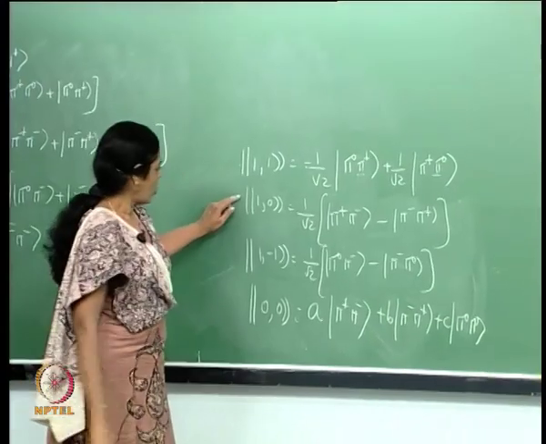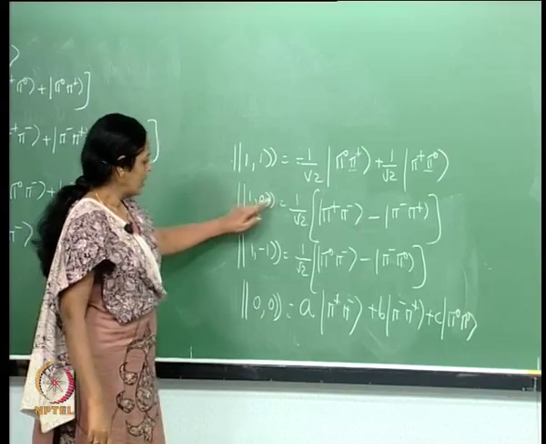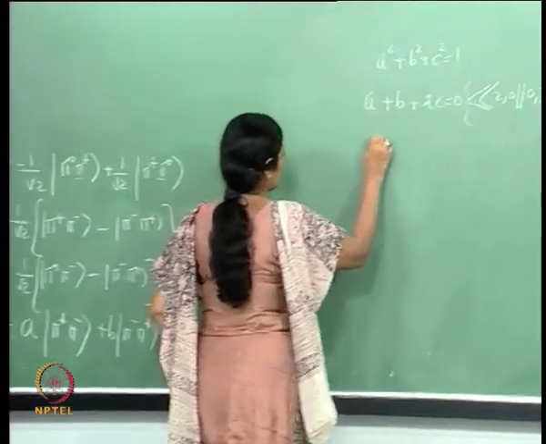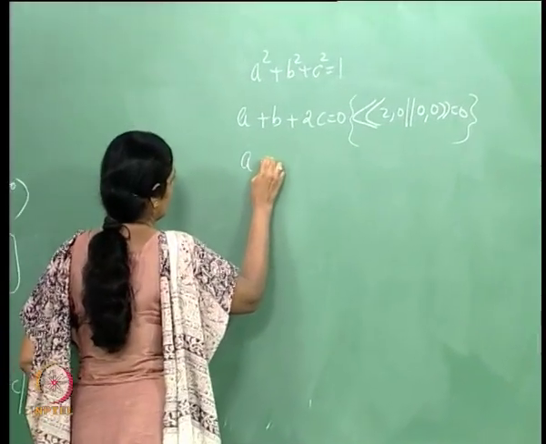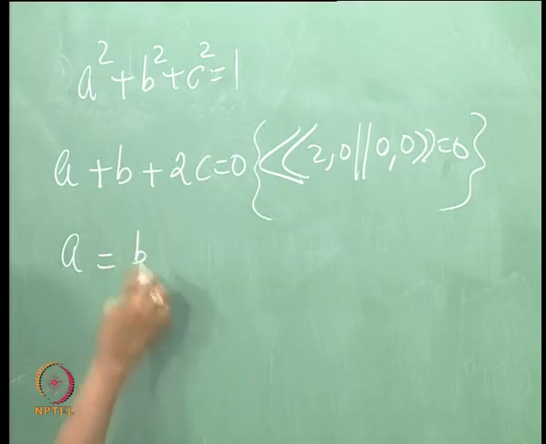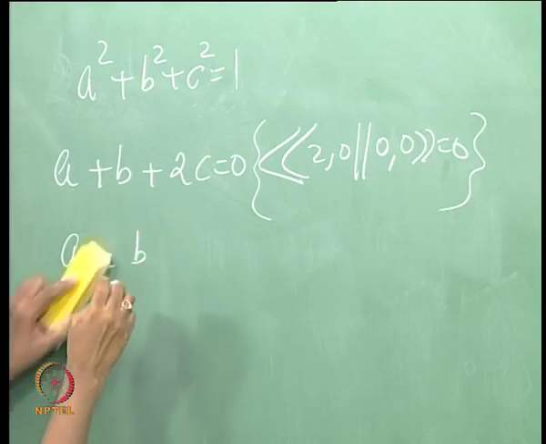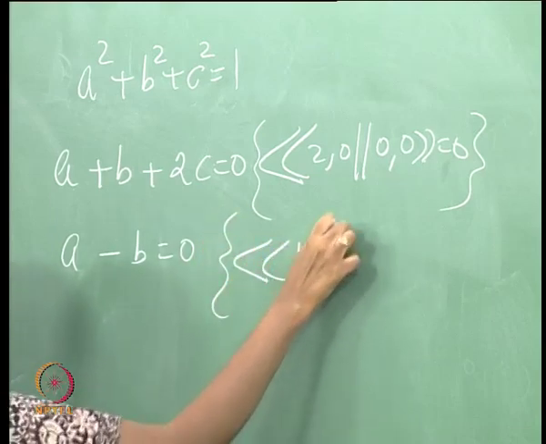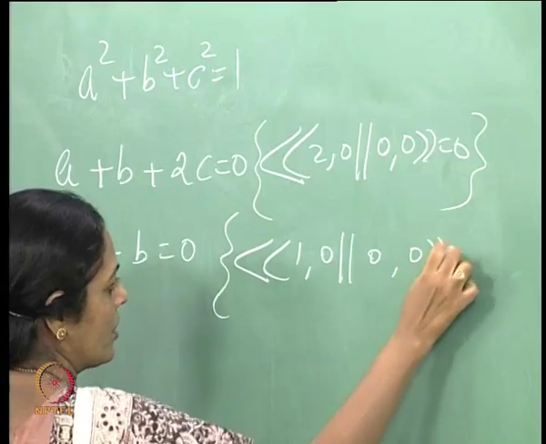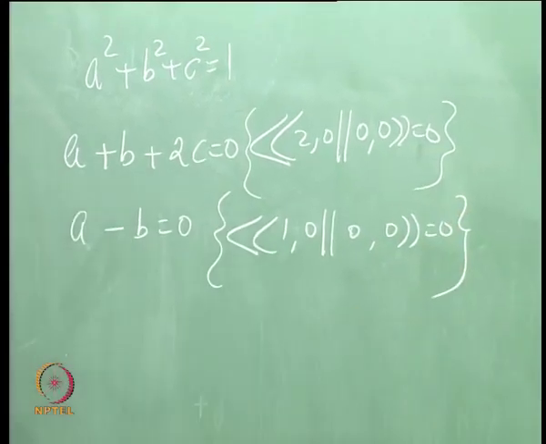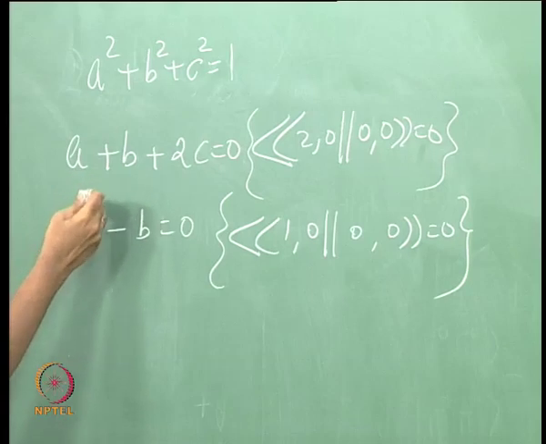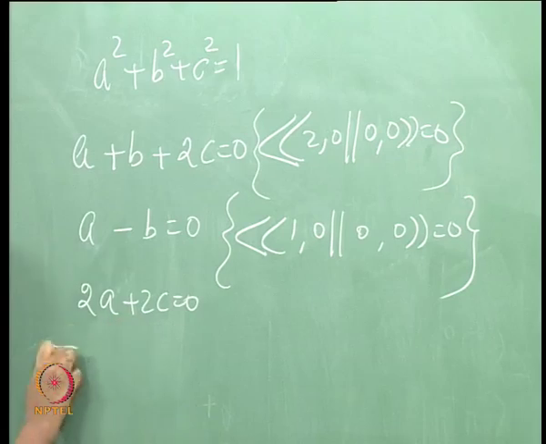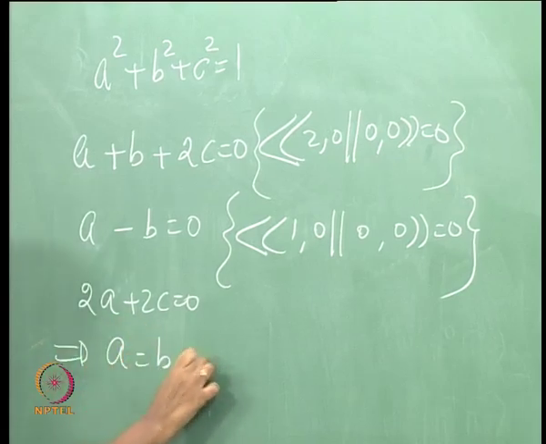But 0 0 is also orthogonal to 1 0, and therefore I have A by root 2 minus B by root 2 equals 0. So A equals B, or A minus B equals 0. This came from the fact that 1 comma 0 is orthogonal to 0 comma 0. So I have A equals B. So here I have 2A plus 2C equals 0, which implies that A equals B equals minus C.